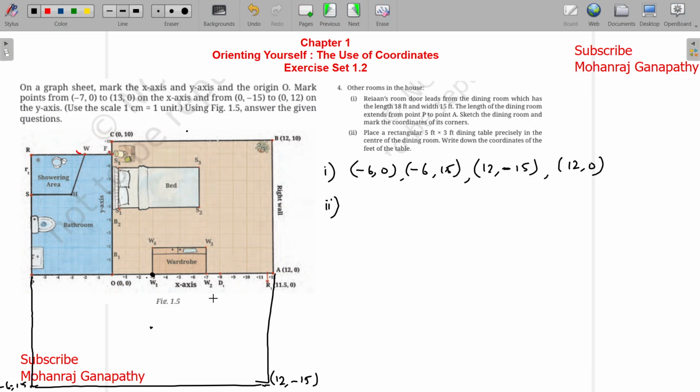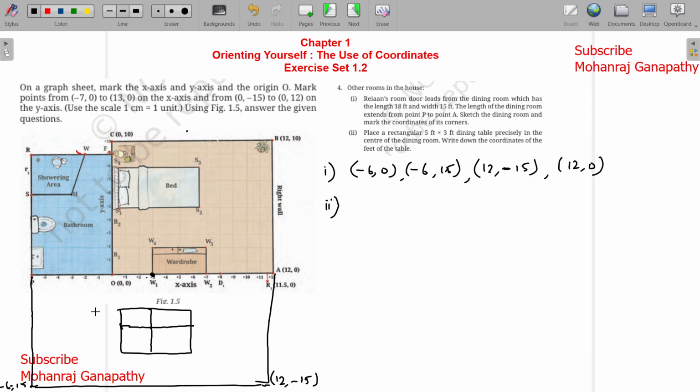So half dimension is 2.5 into 1.5. So this will be placed around here. From here 2.5, and 1.5. So this is its exact position.